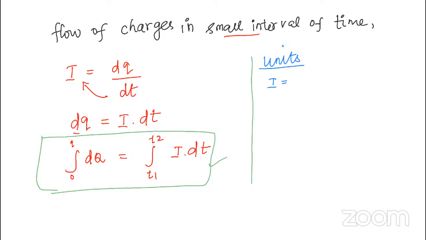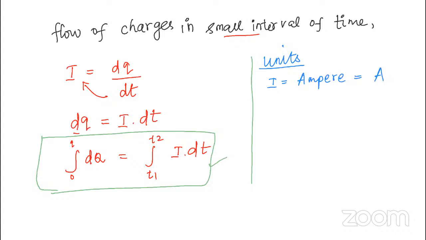What is the unit of current in SI units? Yes, right, it is ampere, simply represented by capital A.